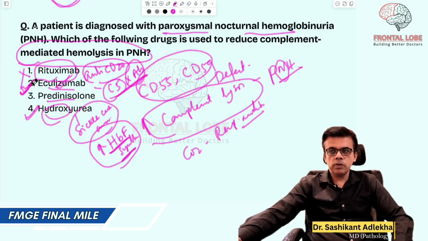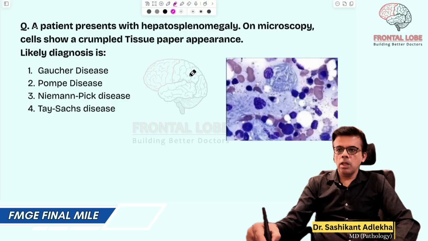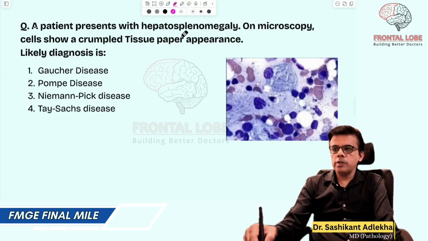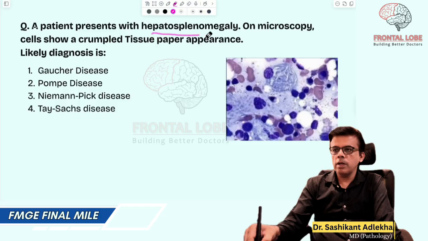So now let's go to the next question. Here the patient presents with hepatosplenomegaly and crumpled tissue paper appearance. So here you can see the crumpled tissue paper appearance, hepatosplenomegaly is there.